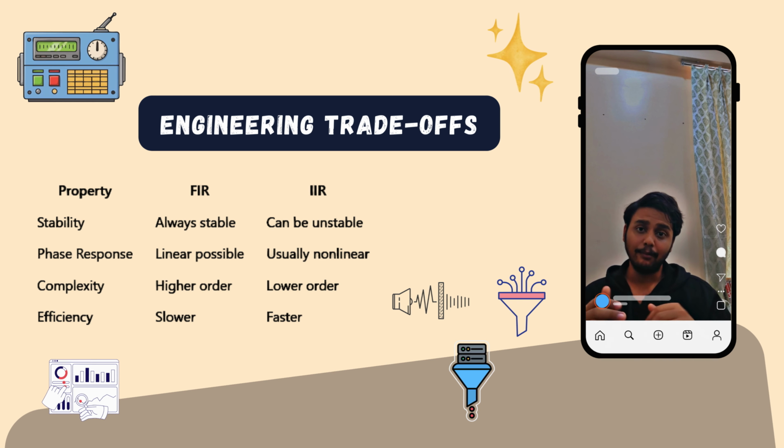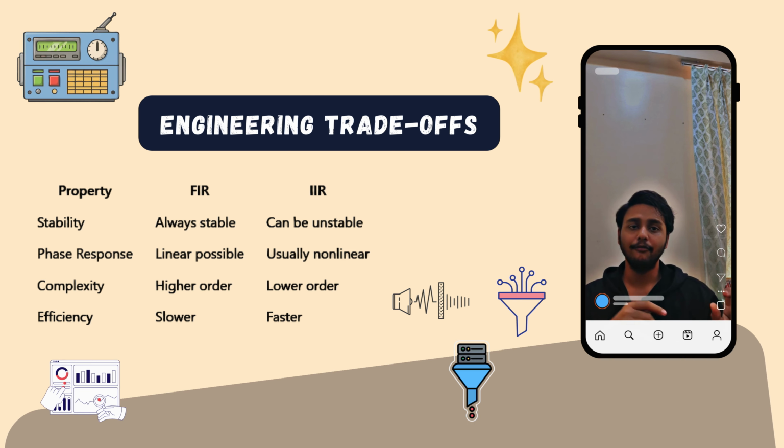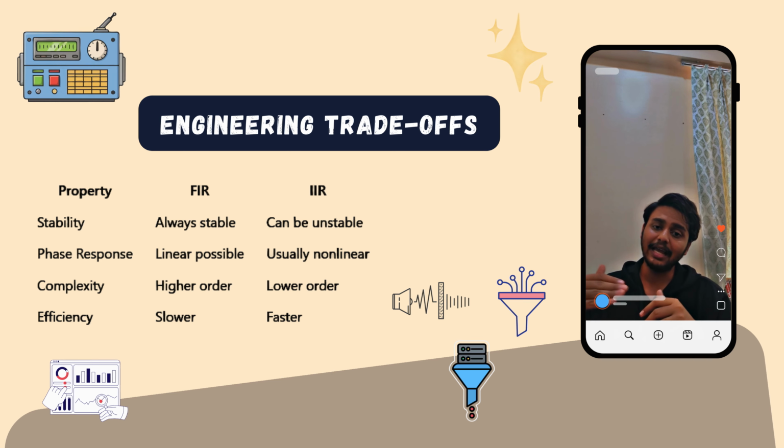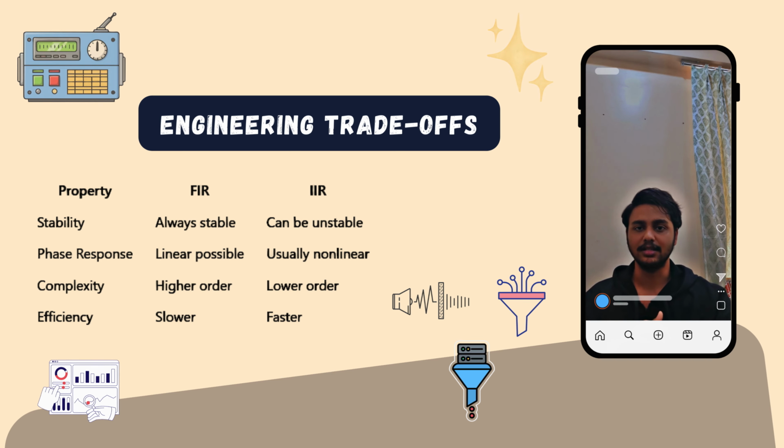Moving on to phase response. FIRs are linear phase, whereas IIRs are usually non-linear. Moving on to complexity, FIRs have a high order, whereas IIRs have a low order. Looking at efficiency, FIRs are computationally slower, whereas IIRs are computationally faster.